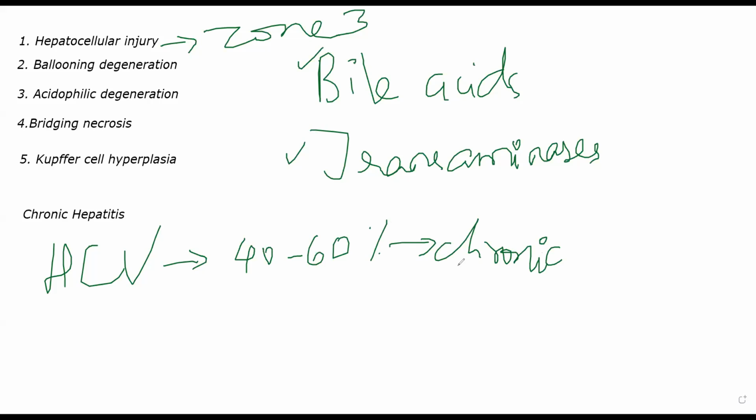They will go into chronic hepatitis. And if it keeps on progressing, chronic hepatitis can turn into cirrhosis. If the damage is not controlled in time, almost 40 to 60% of patients with HCV will go into chronic hepatitis. If that chronic hepatitis is not controlled, they will develop cirrhosis.